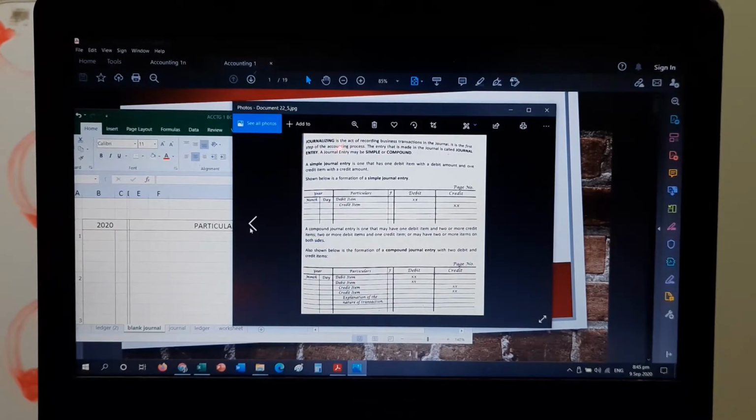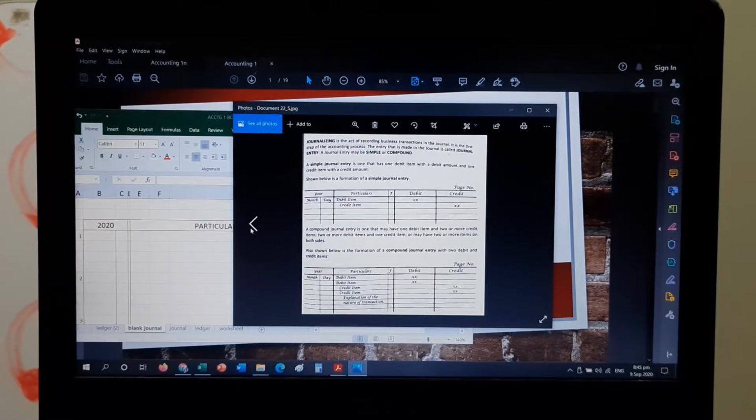Journalizing is the act of recording business transactions in the journal. What you would do is simply prepare a journal entry, either simple or compound. A simple journal entry is where you have one debit and one credit, while a compound journal entry has more than one debit or more than one credit, or both debits and credits have more than one entry.